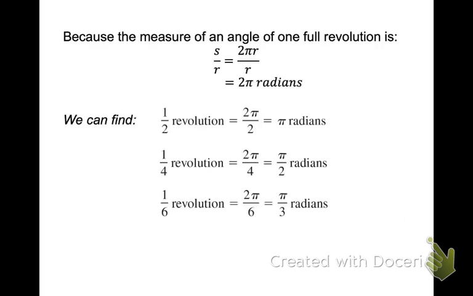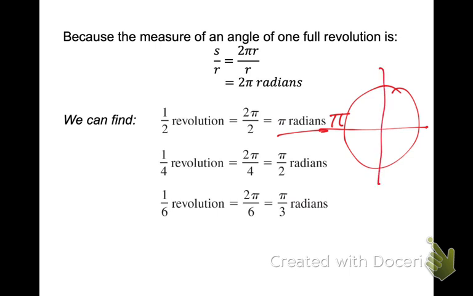Okay, so we just did this. I just did it without doing any of this math. Half a revolution was how much? Halfway around the circle was pi. A fourth of a revolution was how much?